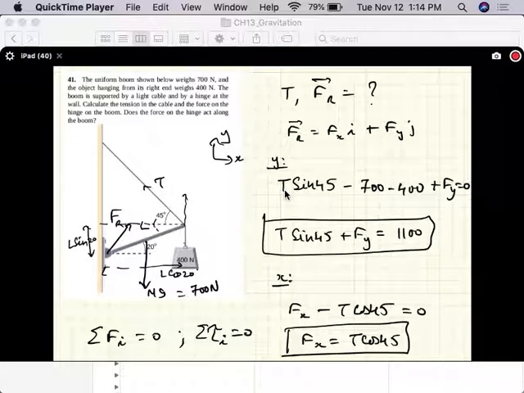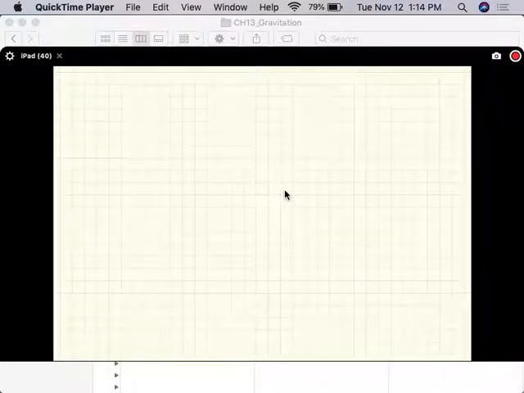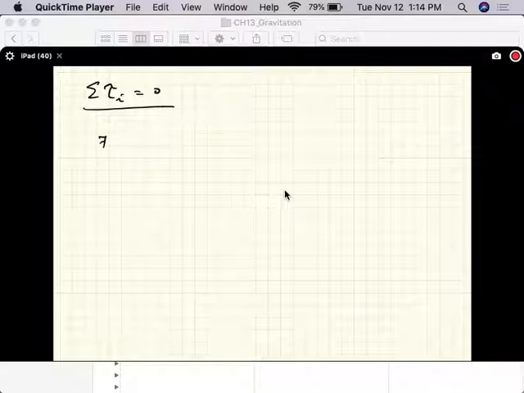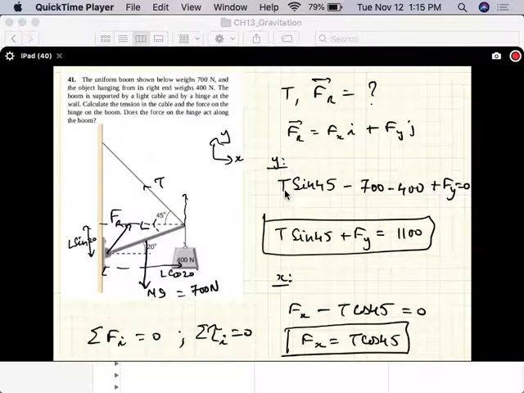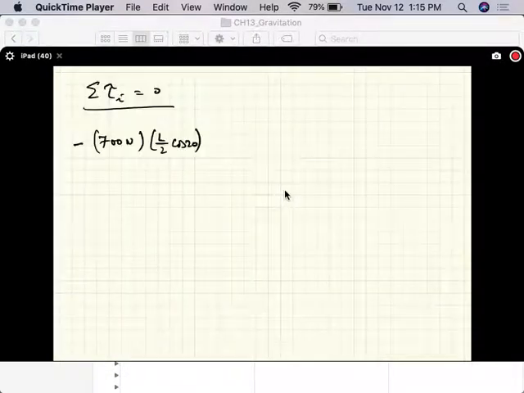All right, so let's do one at a time. This is a clockwise torque. The moment arm is L by 2 cosine 20. And that's a clockwise torque, so that'll be negative. Minus 400 newtons times L cosine 20.